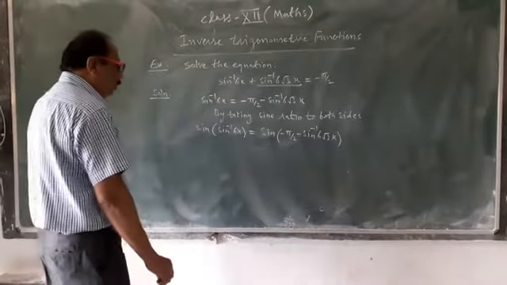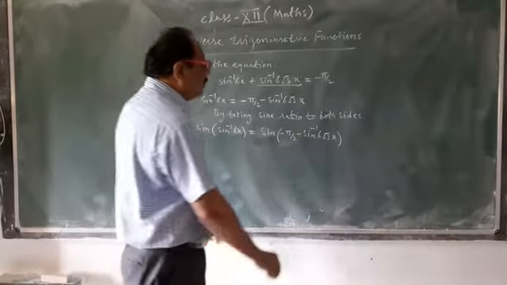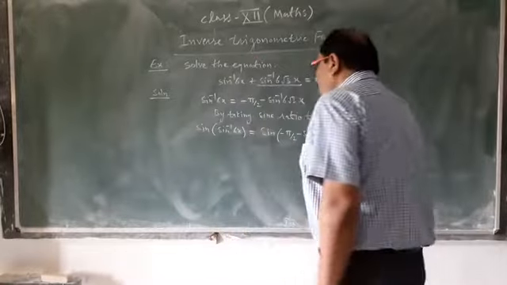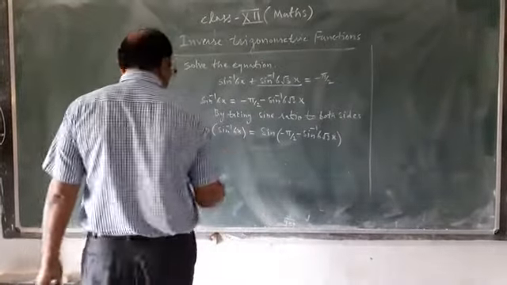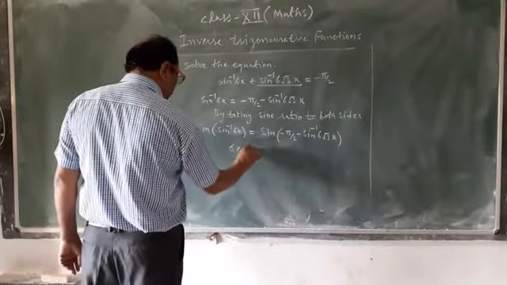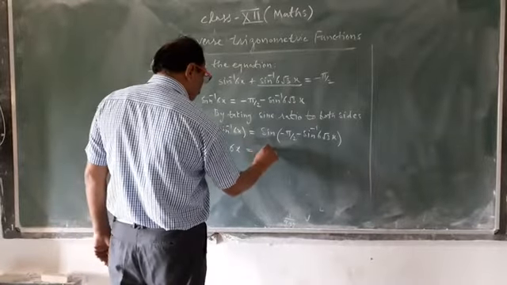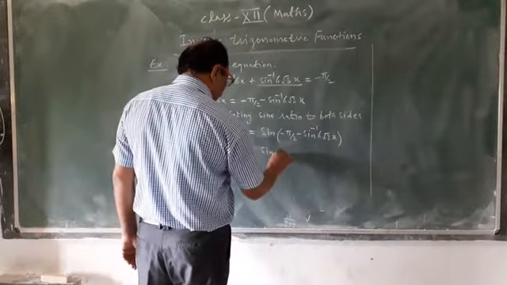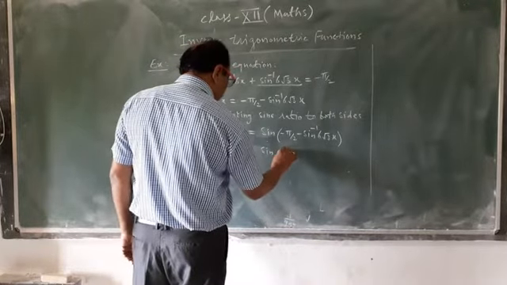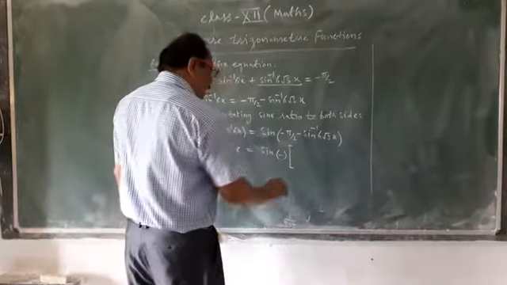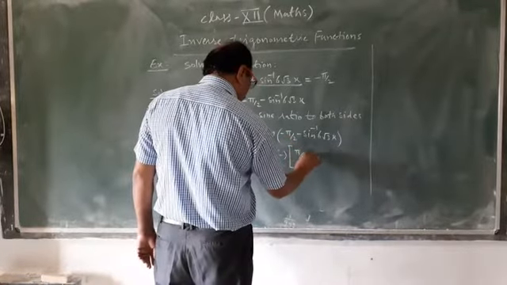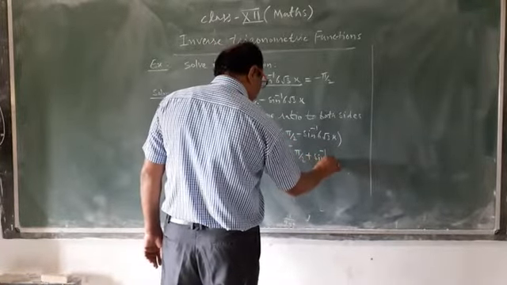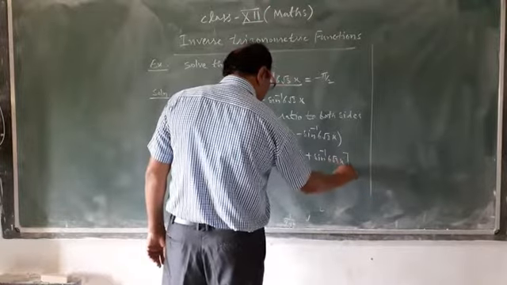Here what we do, sin inverse of sin x is equal to x, means it is 6x. And sin of, we take minus common, and here pi by 2 plus sin inverse of 6 root 3x.